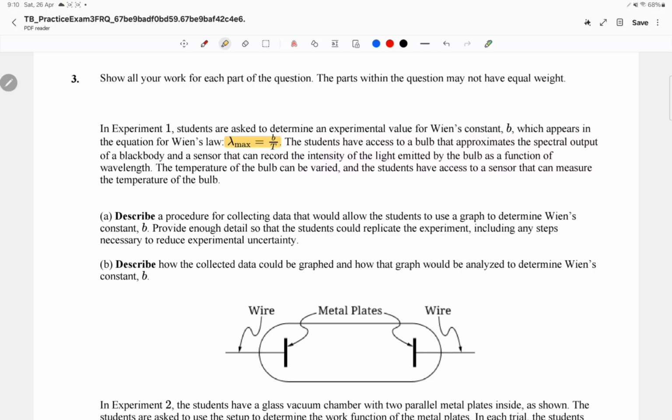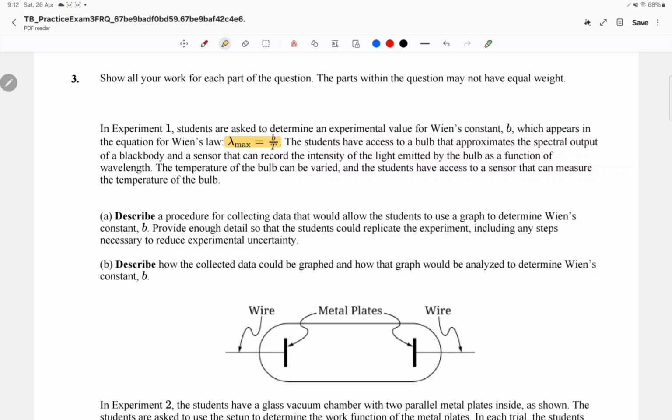The temperature of the bulb can be varied, and the students have access to a sensor that can measure the temperature of the bulb. Describe a procedure that will allow the students to use a graph to determine Wien's constant. Provide details that students can replicate, including any steps.